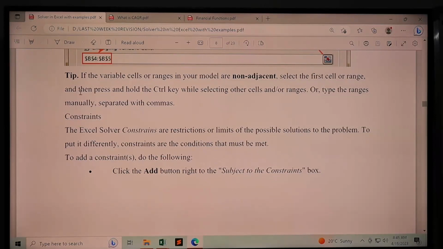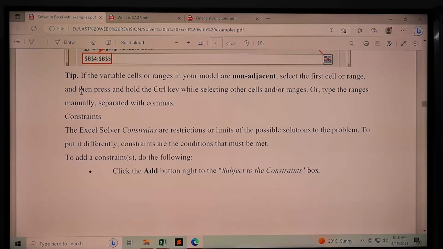So let's check now. You are supposed to add, and we say that these constraints are restrictions. You can say the word constraint actually means restrictions.